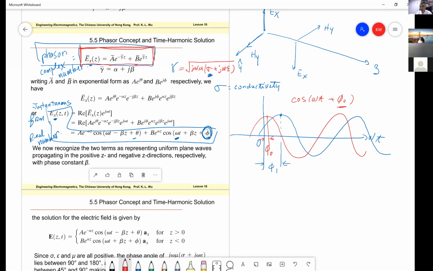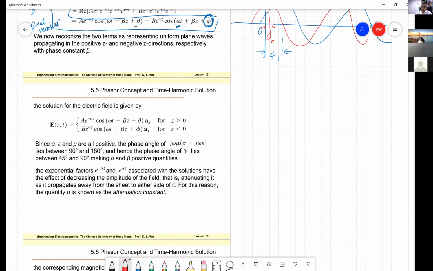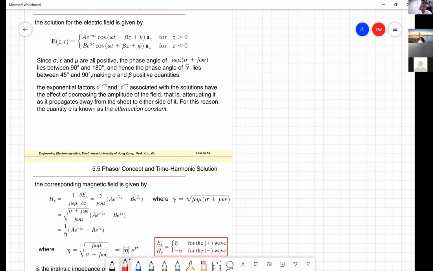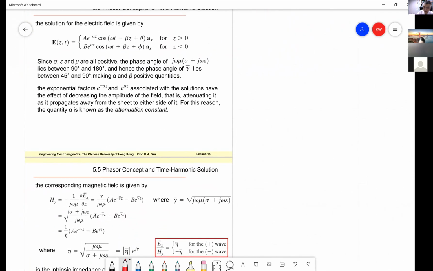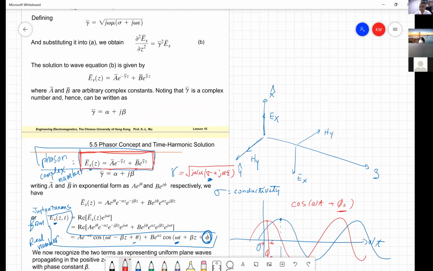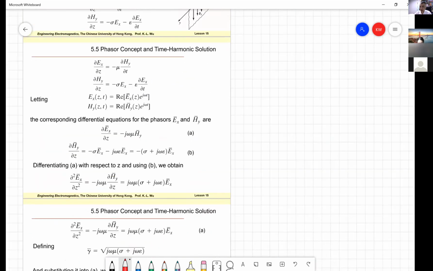So we know the electrical field. Now we would like to find the magnetic field. Electric field and magnetic field have a phasor relation. What is this? This comes from Faraday's law.